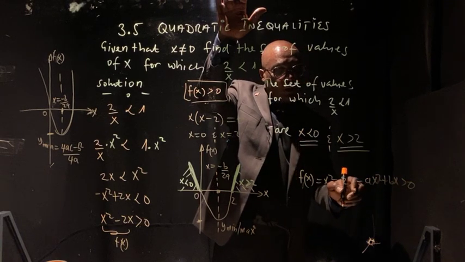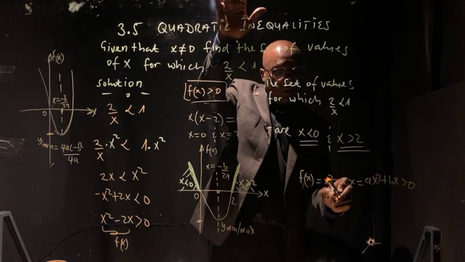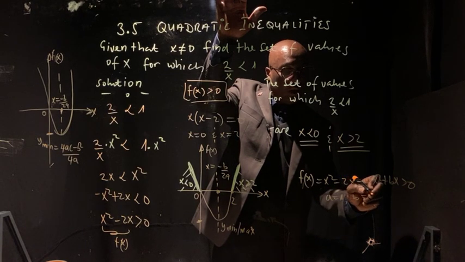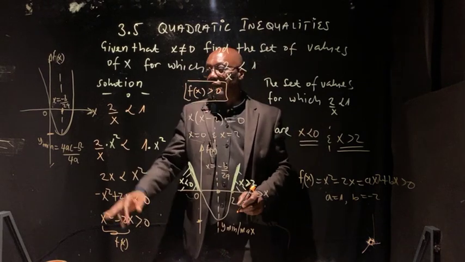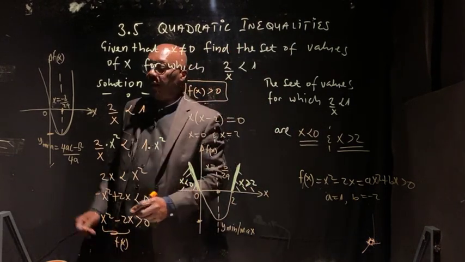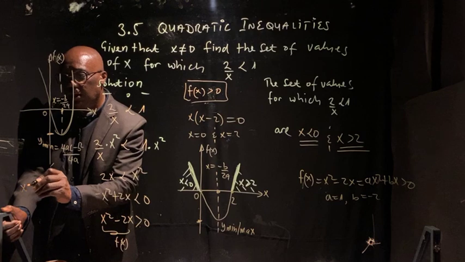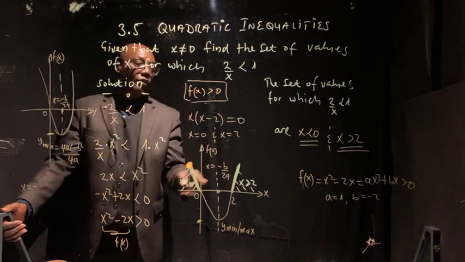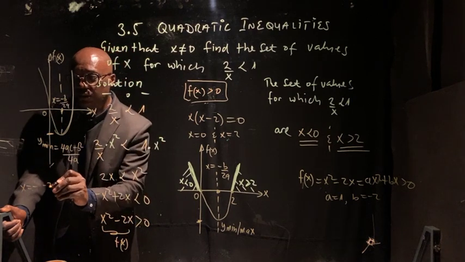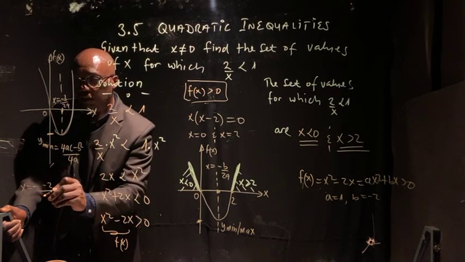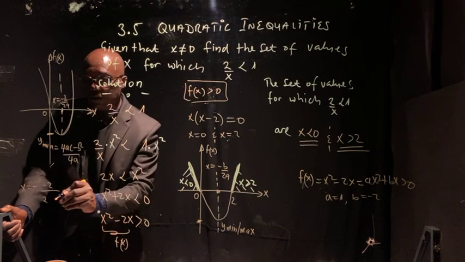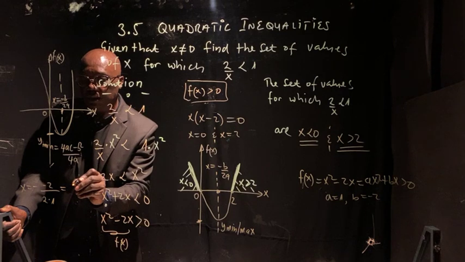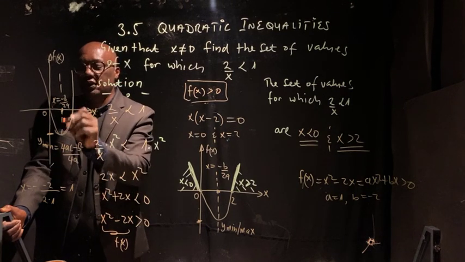Comparing the coefficients, we can see that a equals 1 and b equals minus 2. If you are finding the symmetry, then x equals negative b over 2a. What is b? b is negative 2, over 2a. What is a? a equals 1. So the symmetry occurs where x equals 1.